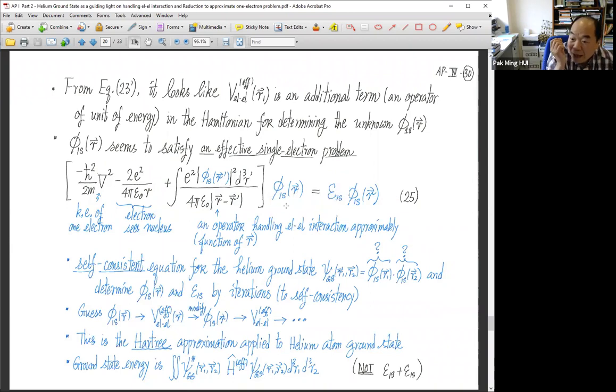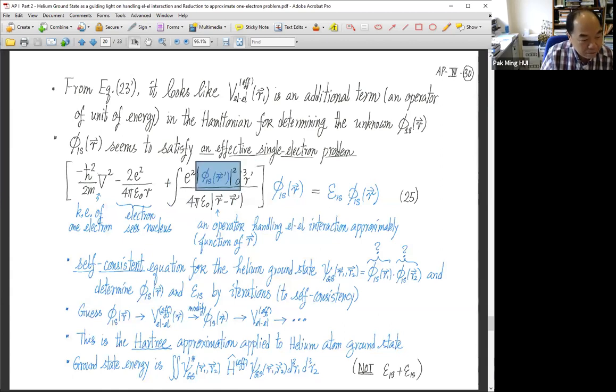However, when you have electron-electron interaction, it always comes out with the following complexity. Now, this is the one that we want to solve, the ground state single electron state of helium, the 1s state. However, the new term that represents how the second electron, also in this 1s state, will affect this first electron also depends on the unknown 1s state.